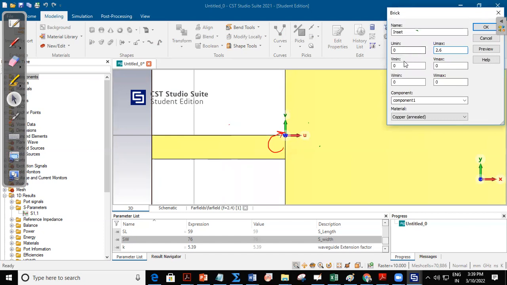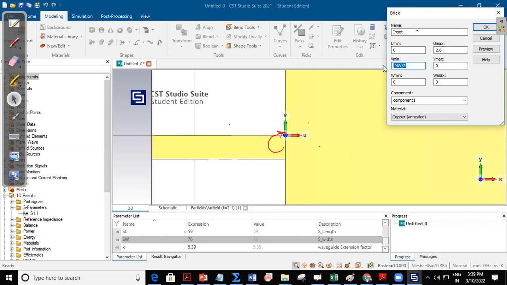For V minimum, we can even calculate and find out how much transmission line inset length is required. We can increase it. For V, the width is from minus MW by 2 to plus MW by 2.